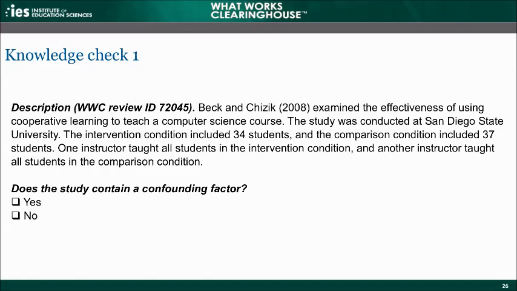The study was conducted at San Diego State University. The intervention condition included 34 students, and the comparison condition included 37 students. One instructor taught all students in the intervention condition, and another instructor taught all students in the comparison condition. Does the study contain a confounding factor?